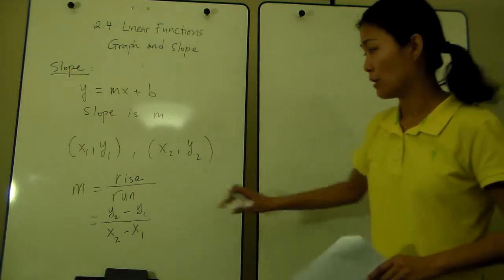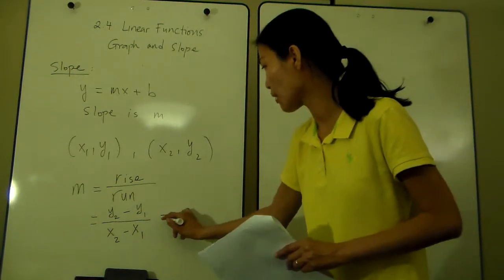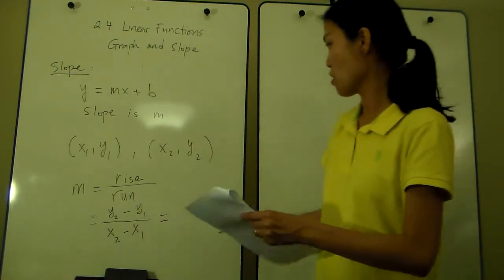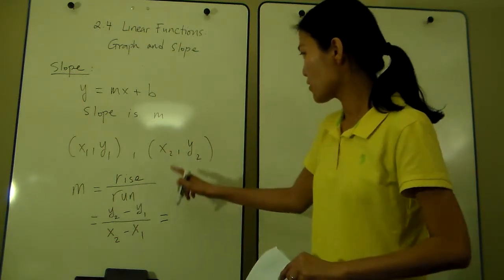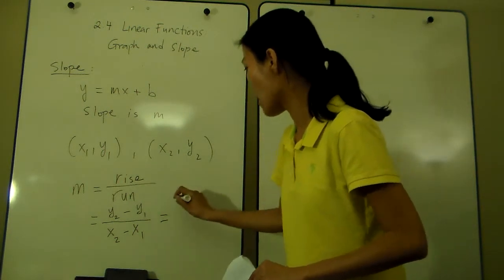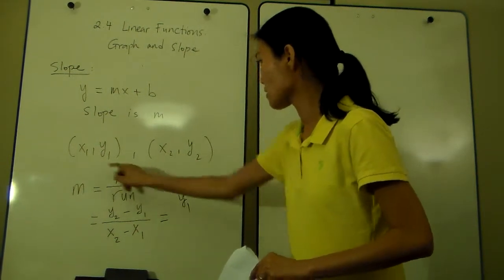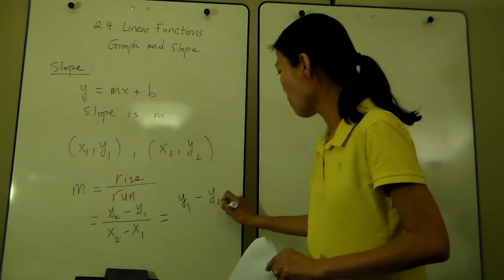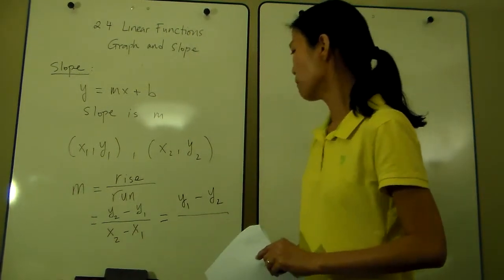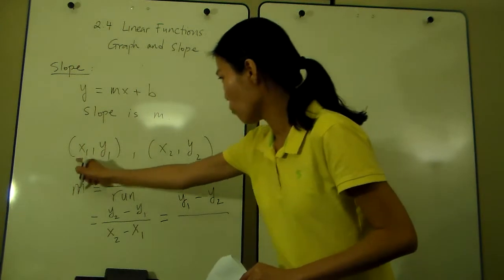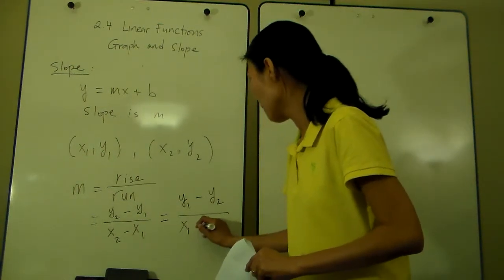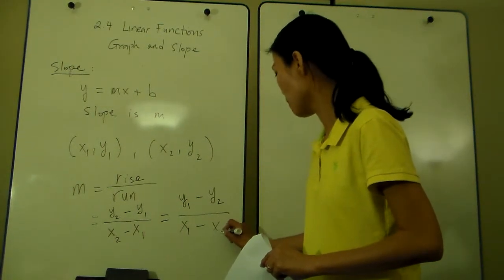Okay, you can use this, or equivalently you can use y sub 1, you start with y sub 1, you subtract y sub 2, divided by x sub 1 minus x sub 2.